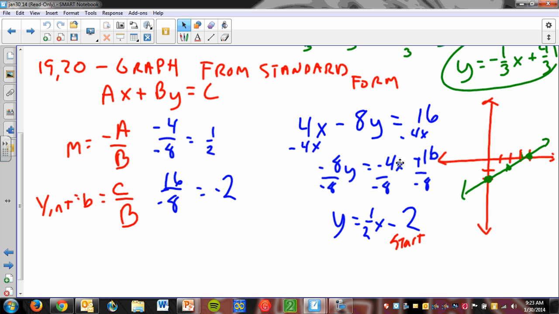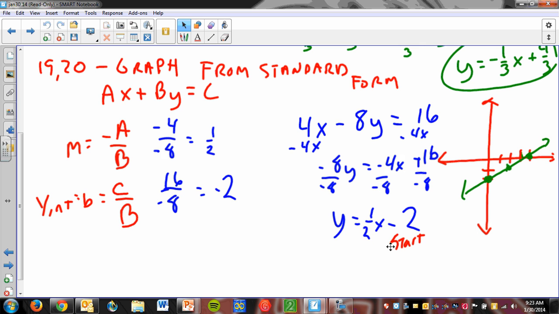What you can do is solve for y, or let's just use our shortcuts. -a over b, so -4 over -8 gives us 1/2 for our slope. C over b, 16 over -8, gives us -2 for our b, our y-intercept. So it should be y equals 1/2 x minus 2, right here.